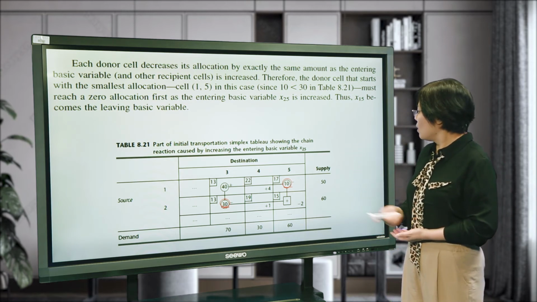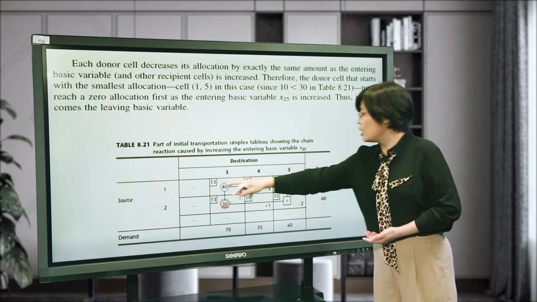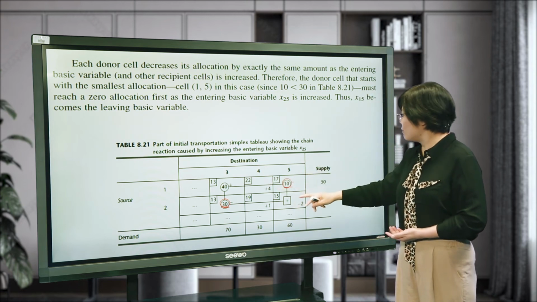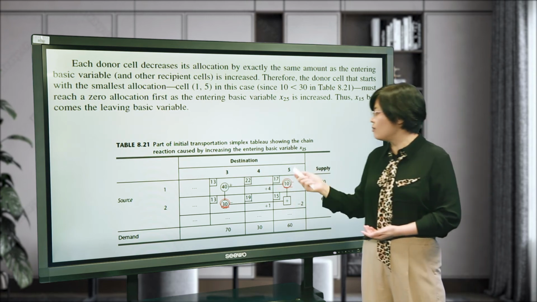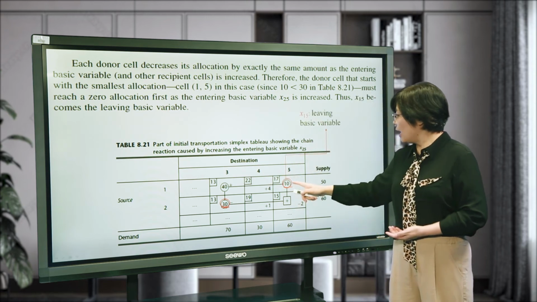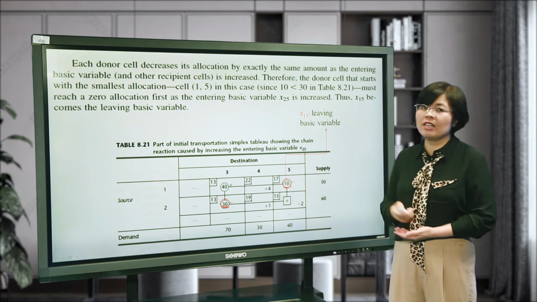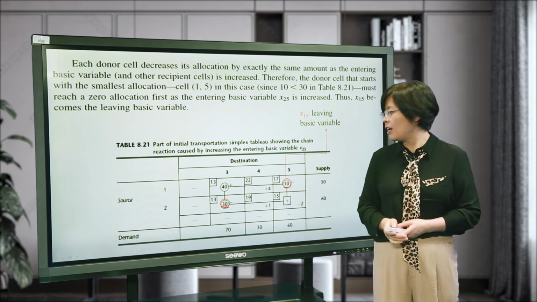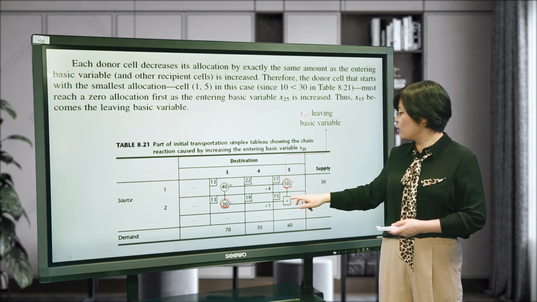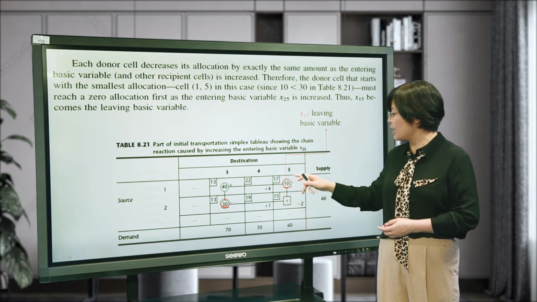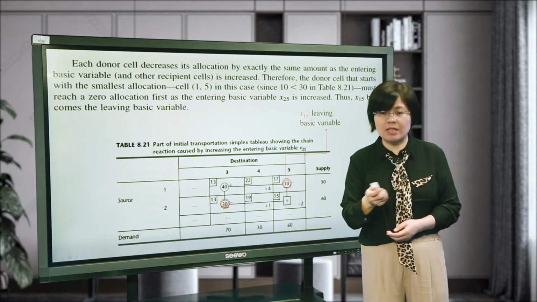So we give x25 the value 10, let x15 be the leaving basic variable, and x25 be the entering basic variable.